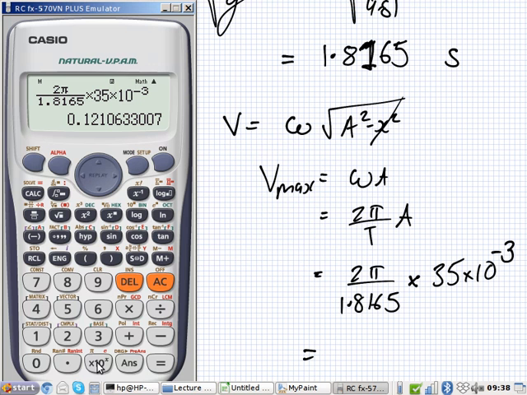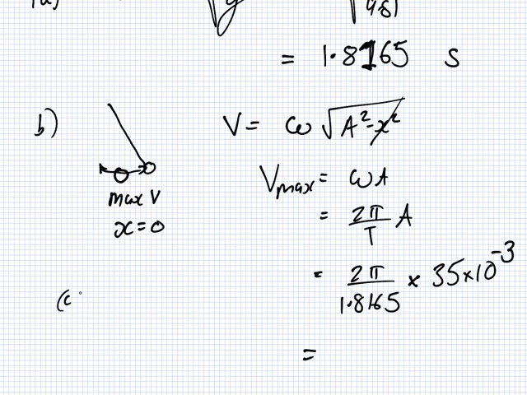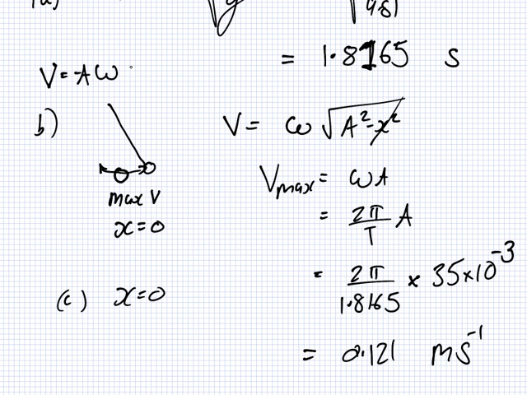And at which position will this occur? Well, this is when x equals 0 for part C. In part B, you can also use the formula for v, v equals minus a omega sine omega t.